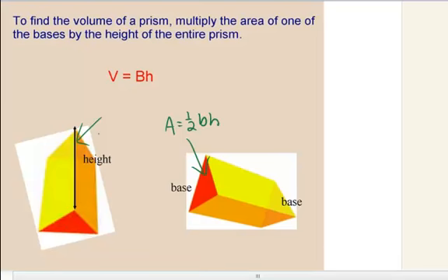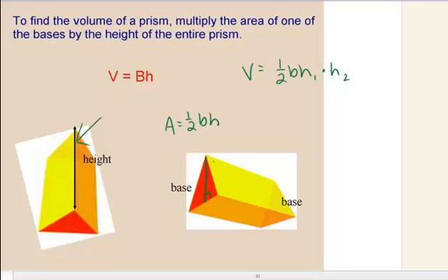So my volume formula for a triangular prism is actually 1/2 base times height times height. Technically, these two heights are different. We really should use a sub 1 and sub 2 to denote that, where the first height, height sub 1, is the height of your triangle. So the height of the triangle is going to be, in an acute triangle, the distance from a vertex to the opposite side that's perpendicular.